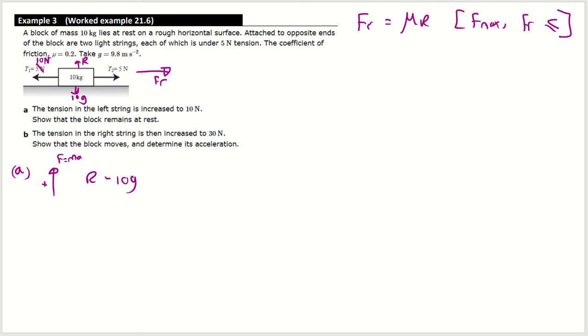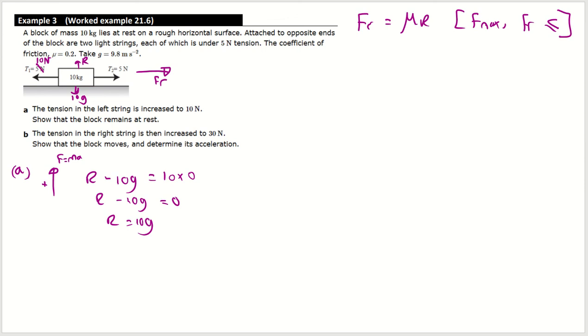But this object is going to be, if anything, moving along the surface, so the acceleration will equal 0. So if that's equal to 0, R minus 10g is 0. You might go straight to that step, and R is therefore equal to 10g. Because this object is in equilibrium vertically, i.e. it's remaining at rest, you could just go straight to the forces upwards equal the forces downwards. Some people will do that.